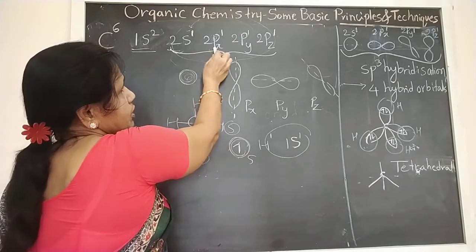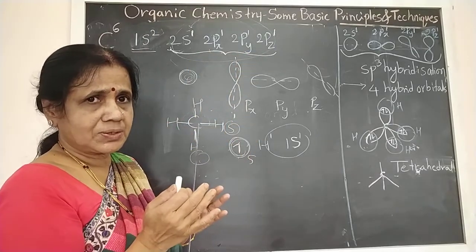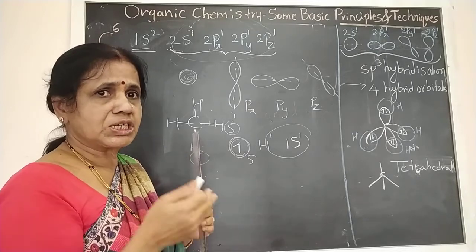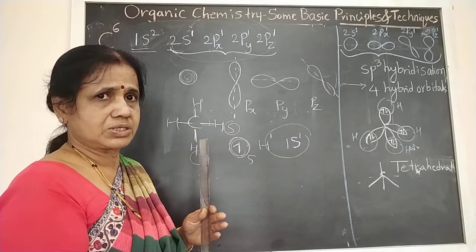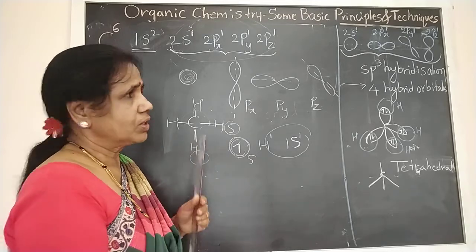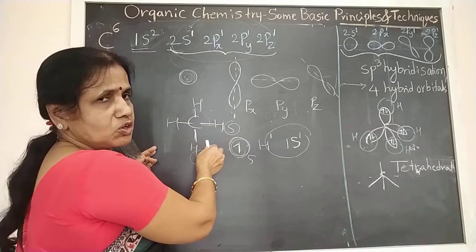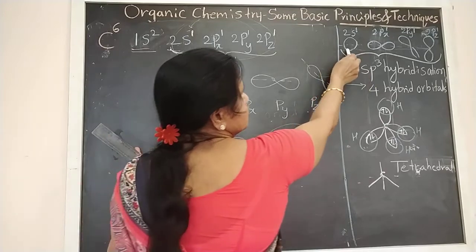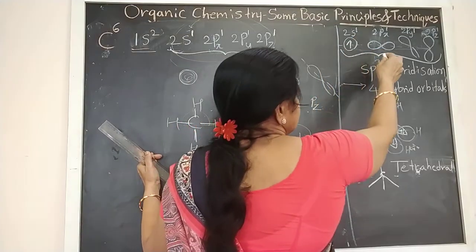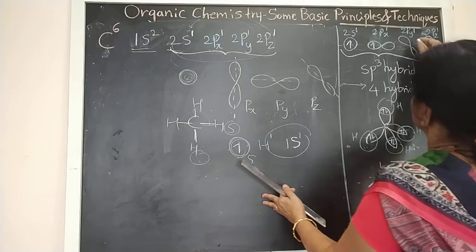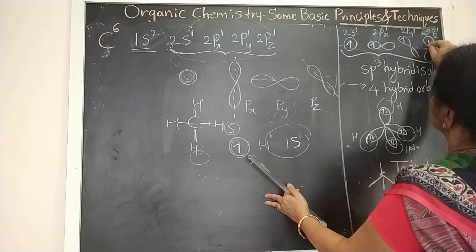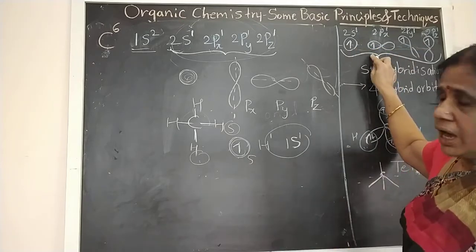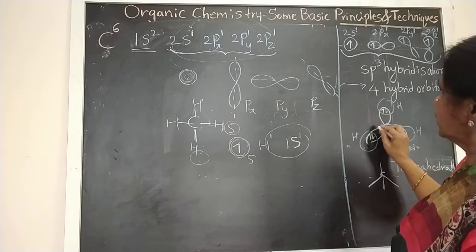The mixing of atomic orbitals of different energies to give the same number of equivalent-energy hybrid orbitals is called hybridization. In the formation of methane, these undergo sp3 hybridization. The 2s containing 1 electron, px, py and pz each containing 1 electron, these 4 orbitals mix together and form 4 hybrid orbitals.